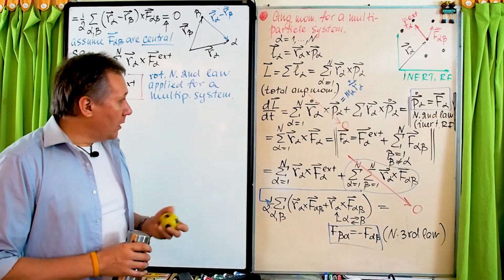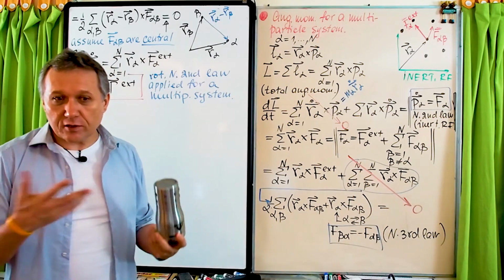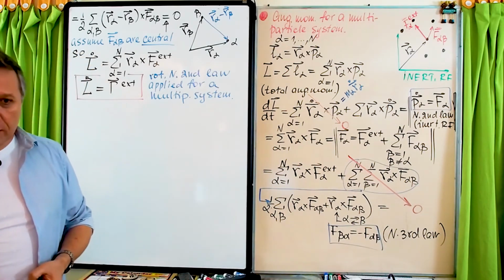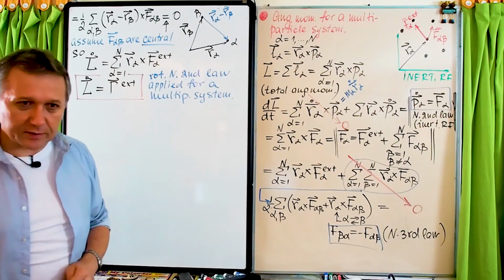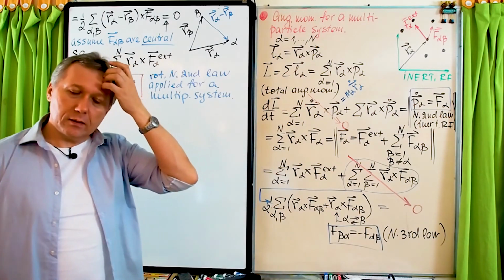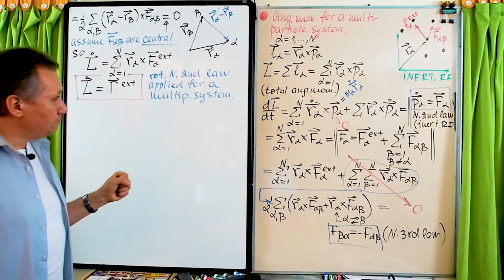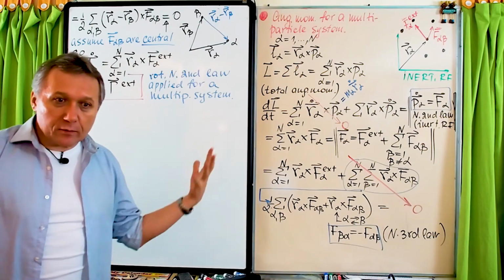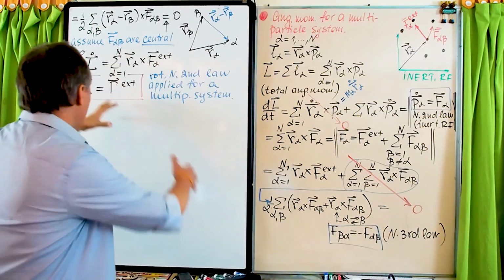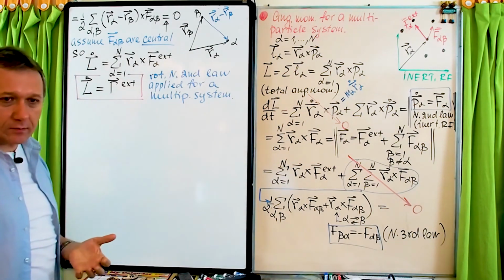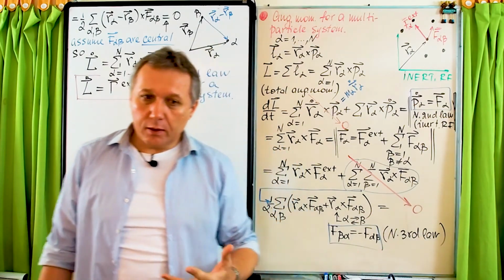Okay, as I said, the discussions are similar to the ones we had in the second or third class, when we discussed a multi-particle system using the tools of linear momentum. And then, of course, what's the role of these internal torques? They cannot change the total angular momentum of the system. Only external torques can do that. So what's the role of the internal torques?